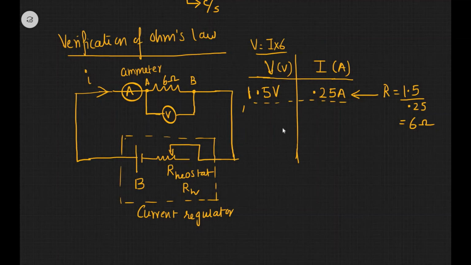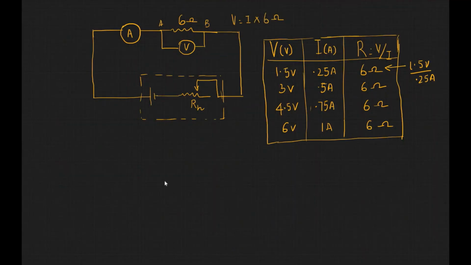So let's say these are the readings, the 5 readings for voltage and current across the resistance of 6 ohms. For each of these we can find the resistance. In each case the resistance would be V by I, and you find that the resistance remains the same. What changes is the current and the voltage.